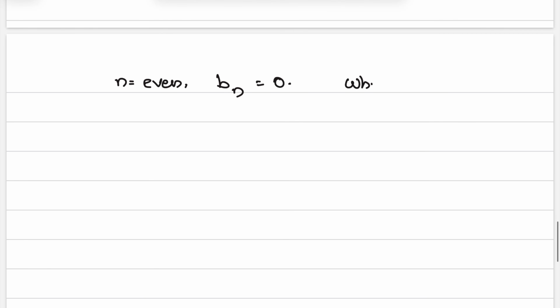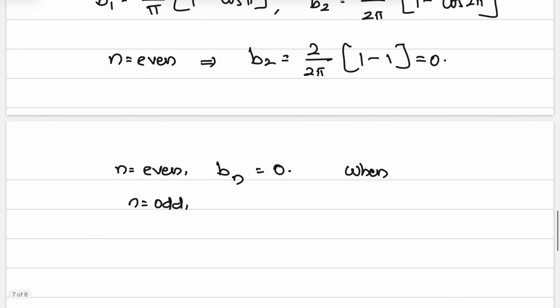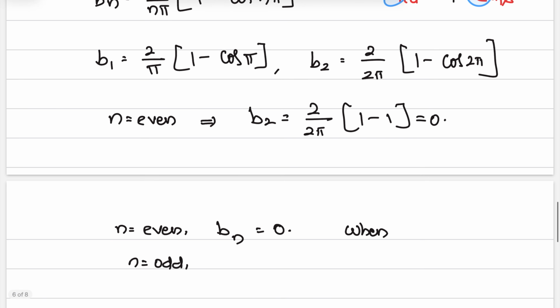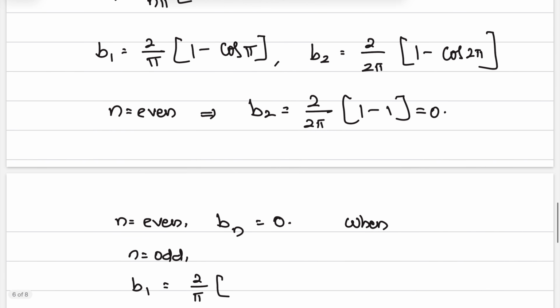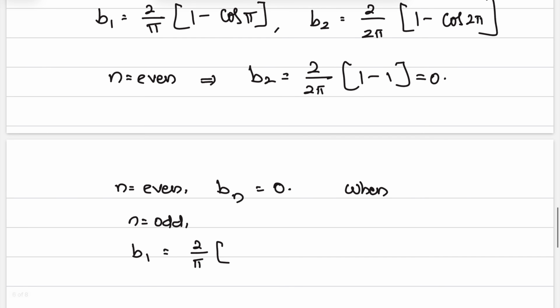When n is equal to odd, B1 is equal to 2 by pi into 1 minus cos pi.